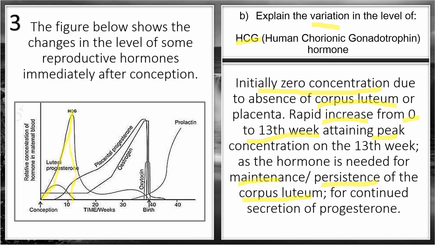So human chorionic gonadotrophin hormone is needed for the persistence of the corpus luteum and also the continuous secretion of progesterone.